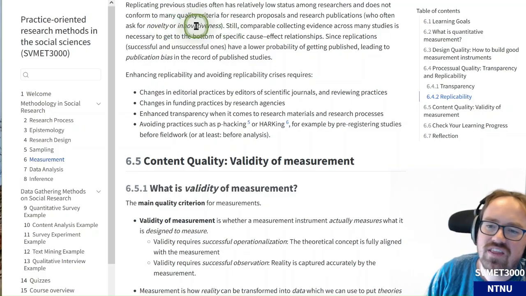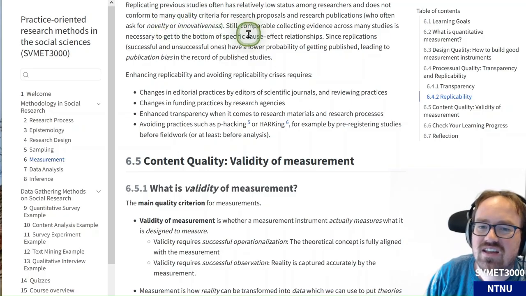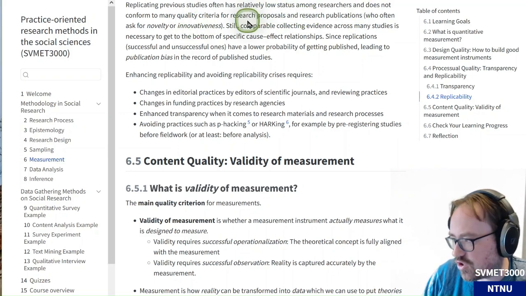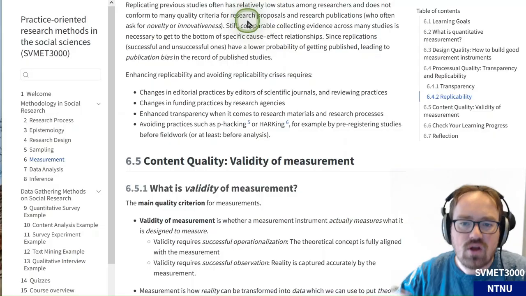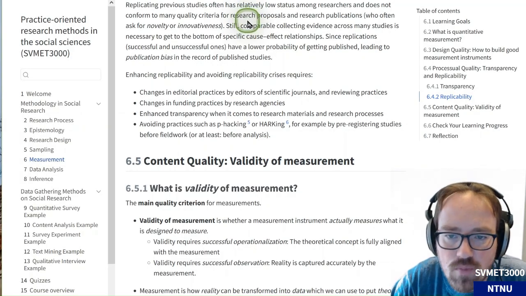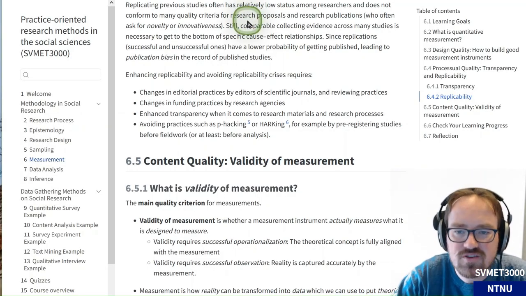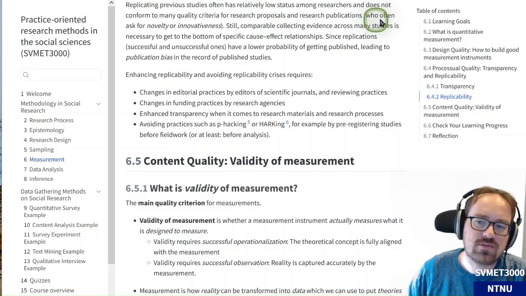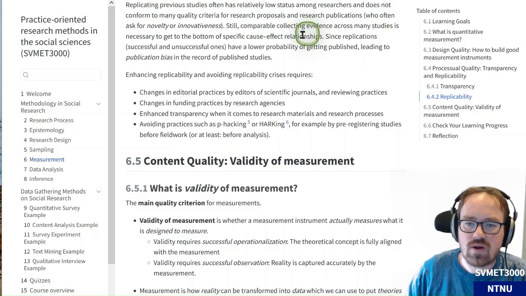And the thing that usually is being done is that you combine a replication with some extension. So you come up with an additional moderator or mediator and so on to look for complications in the relationship as well as trying to replicate something.